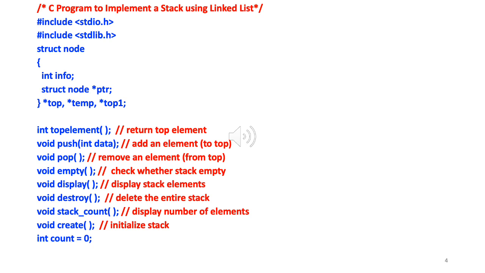What malloc will do is reserve memory of the requested size, for which we use the sizeof function, and if successful, it will return a pointer to the beginning of the block of memory, meaning the starting memory location of that block of memory.